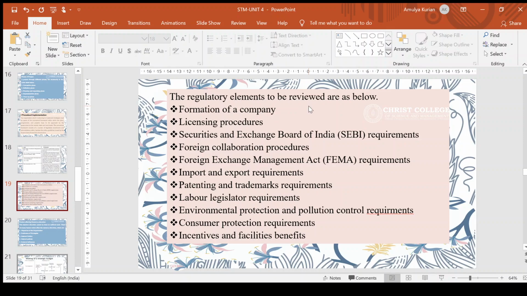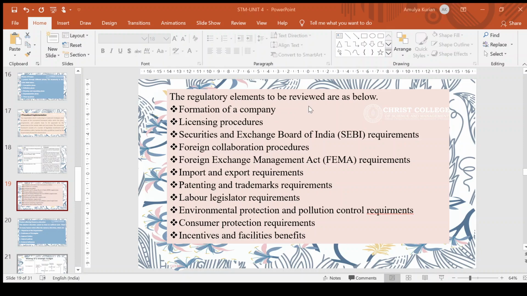All those things should be properly seen. And from an exam point of view, patents and trademark requirements are one of the major ones, and you should be aware of the various acts which will influence the decision of strategies.